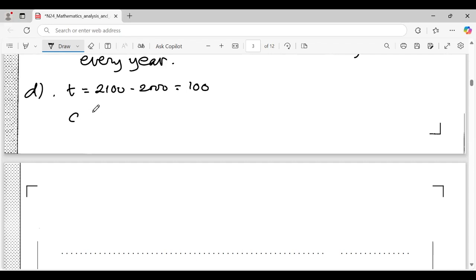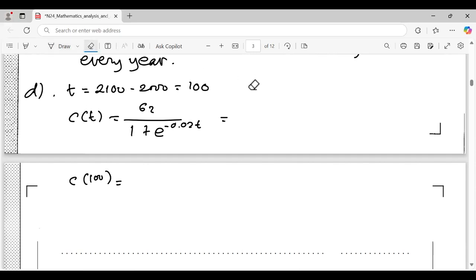And according to Cecilia, the equation C(t) equals 62 over 1 plus e to the power minus 0.02t. Now substitute t equals 100 into this equation, so C(100).